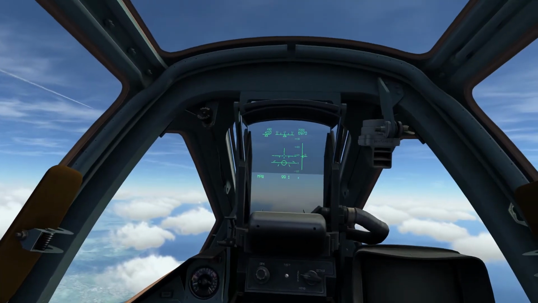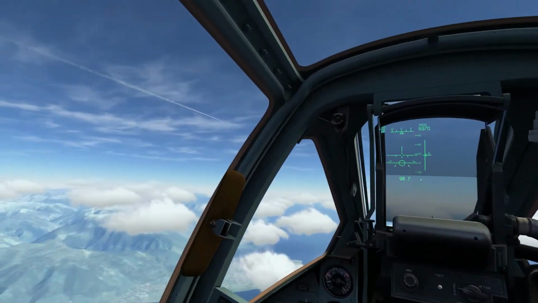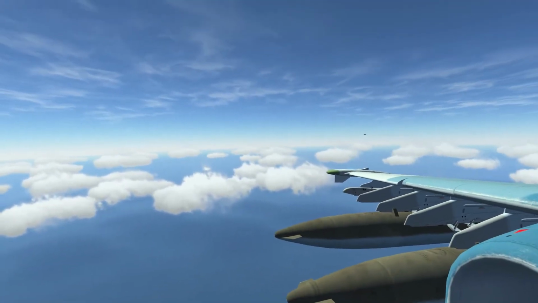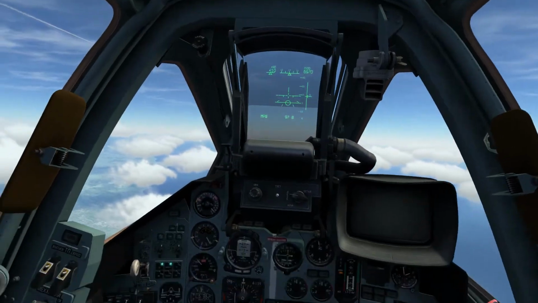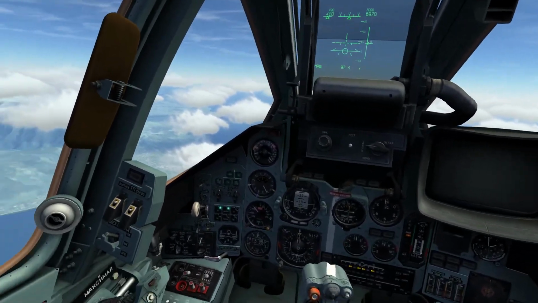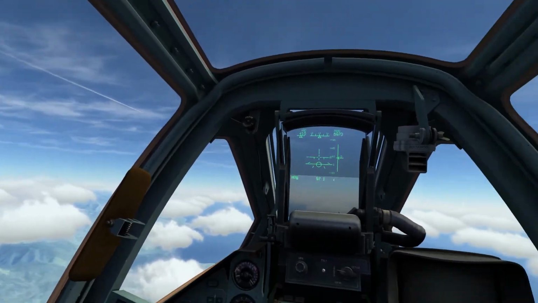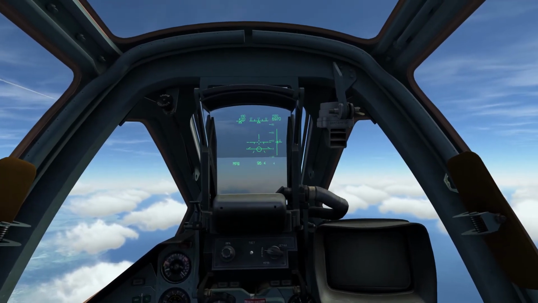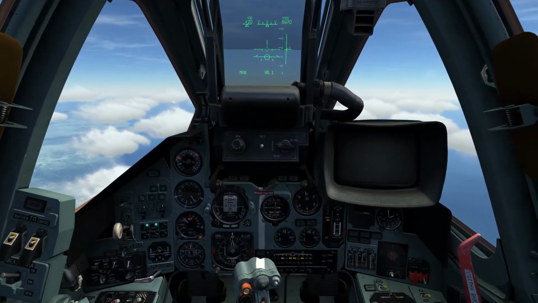I kind of like staying with him. Cool visual effect. And Lieutenant Bach, still with me. I wish you could call them and ask them their status, like their fuel status, weapon status, aircraft status, such as that.